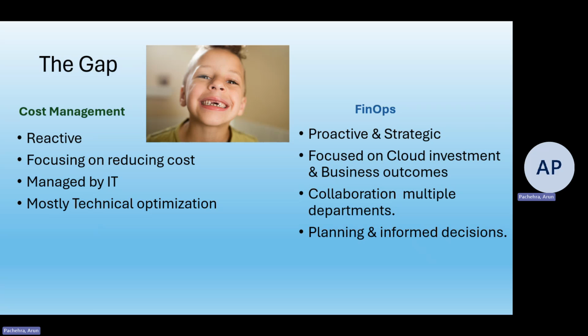It involves planning and making informed decisions about cloud spending before costs are incurred, with a focus on aligning cloud investments with business outcomes. FinOps requires collaboration across multiple departments because they have to build the strategy and planning. It's a proactive approach. So, this is what the gap actually is.